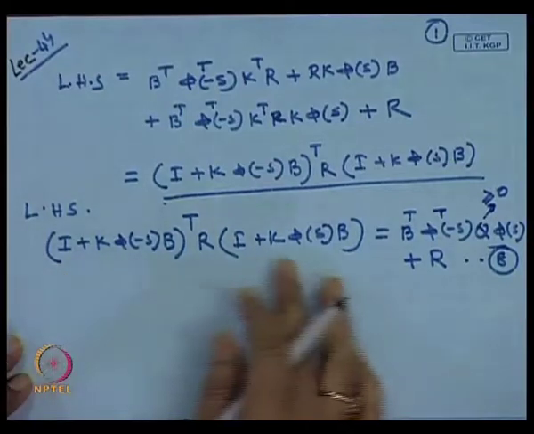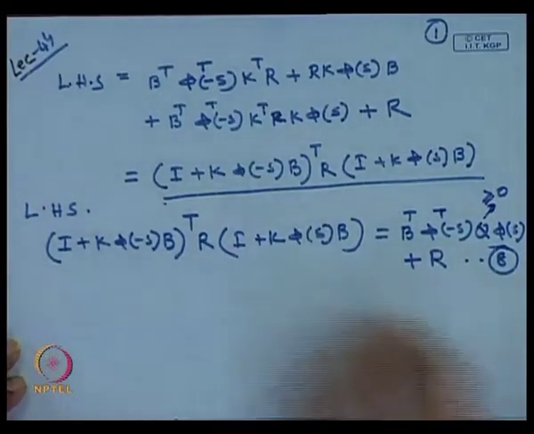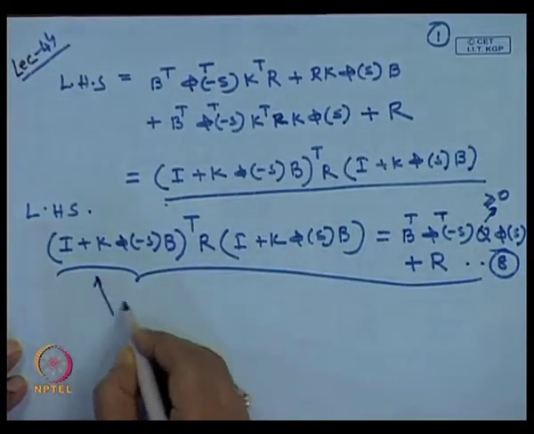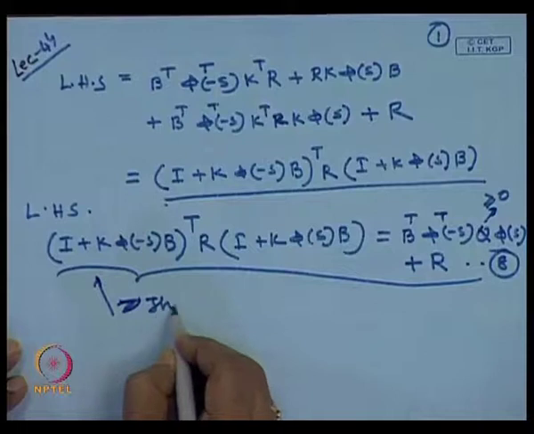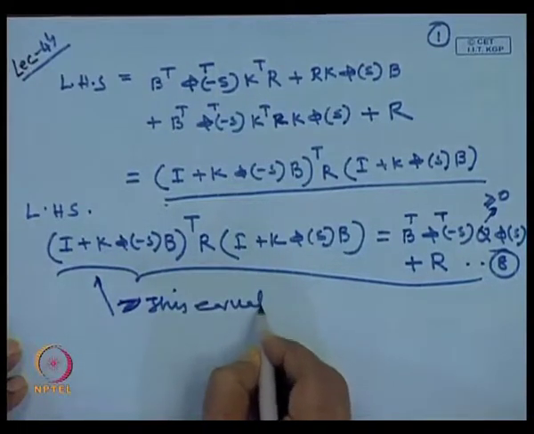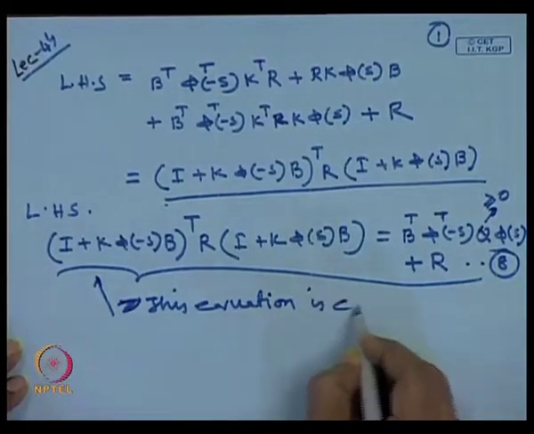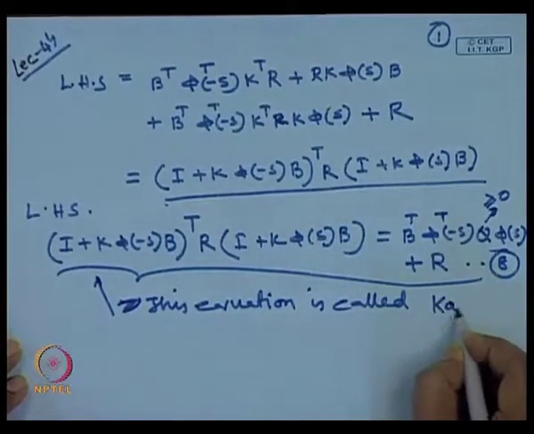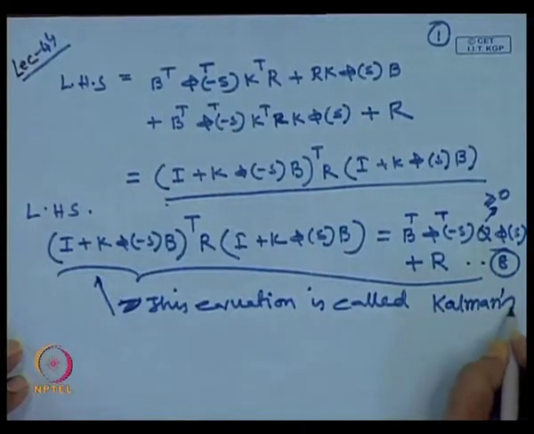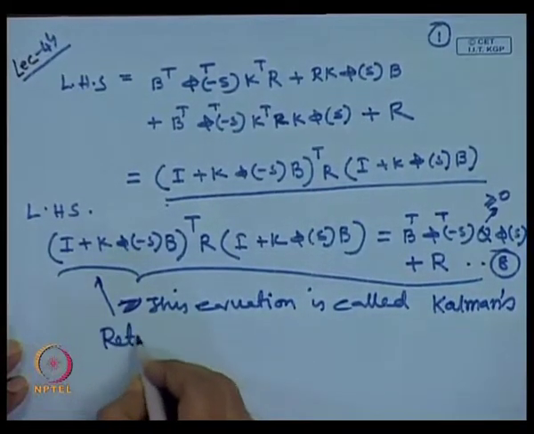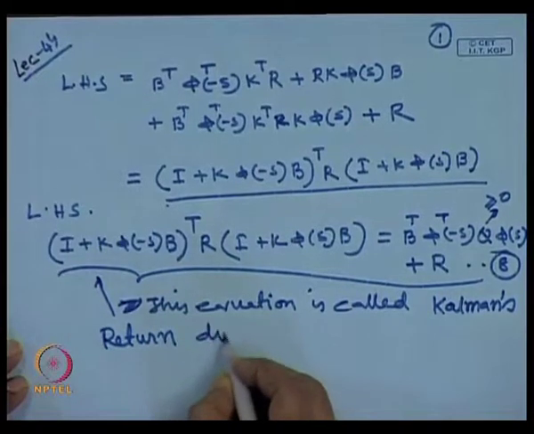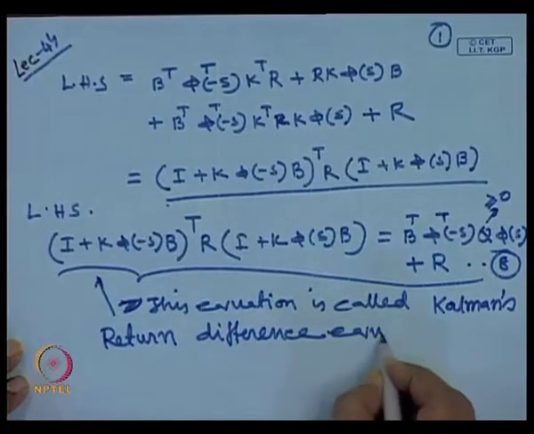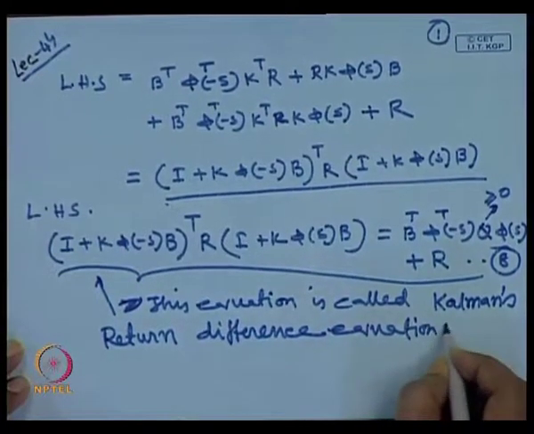So, I can write it this way, and this equation is called the Kalman return difference equation or identity.